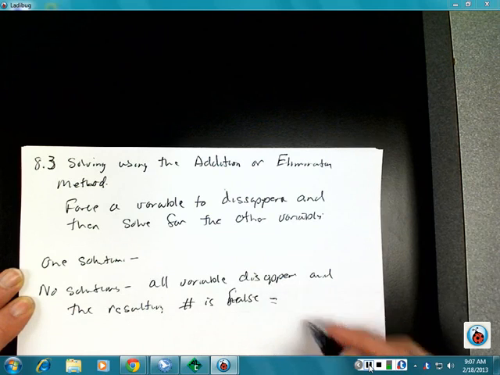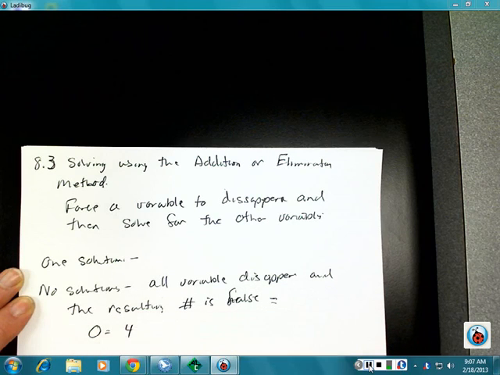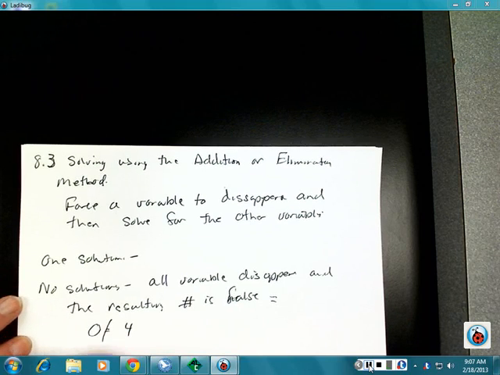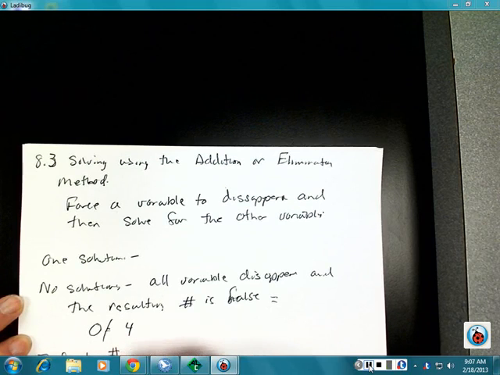In this case it's going to look like 0 equals 4, which is false, because all your variables are going to go away. Or you have an infinite number of solutions.